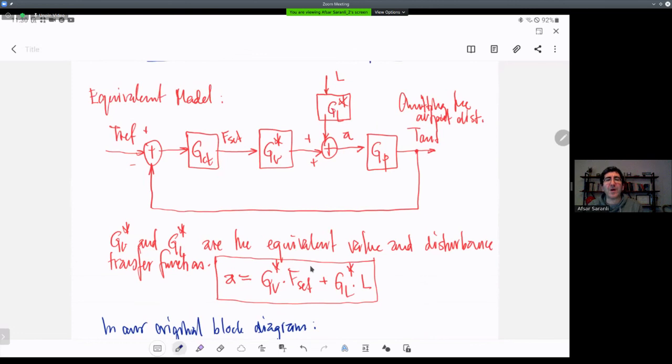What do you want from the valve in a physical system? You want the actuator to be fast, and ideally a unity transfer function so that F set is passed through to the output. And from the disturbance transfer function, you want it to act fast in order to drive the disturbance to zero.